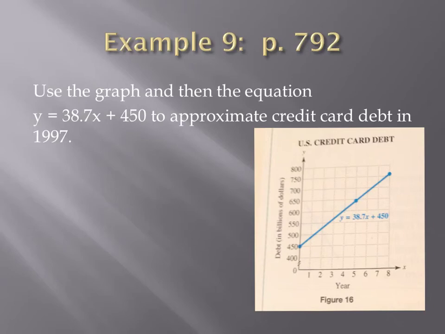Example 9 asks us to use the graph and then the equation y equals 38.7x plus 450 to approximate credit card debt in 1997. Alright, so let's look at the graph first. We are looking for credit card debt in 1997.